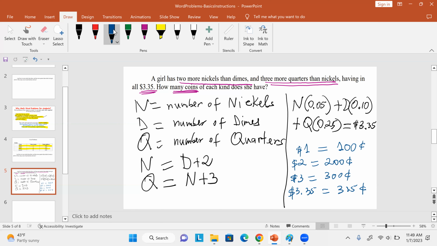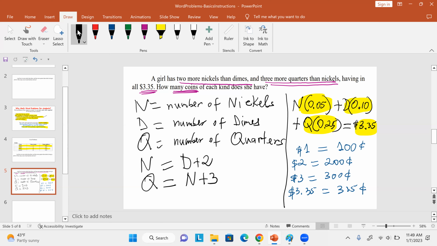For that, I'm going to rewrite this algebraic expression and the equation using integers. Do you know that $0.05 is the same as 5 cents? I want to convert everything to cents to avoid decimals.